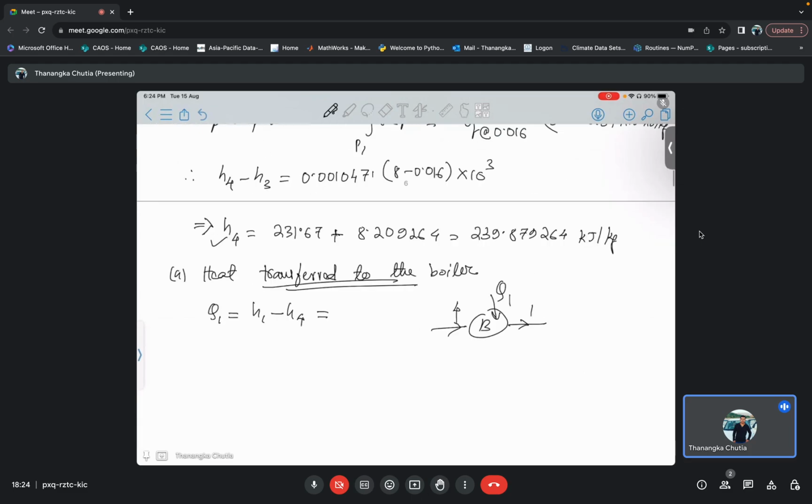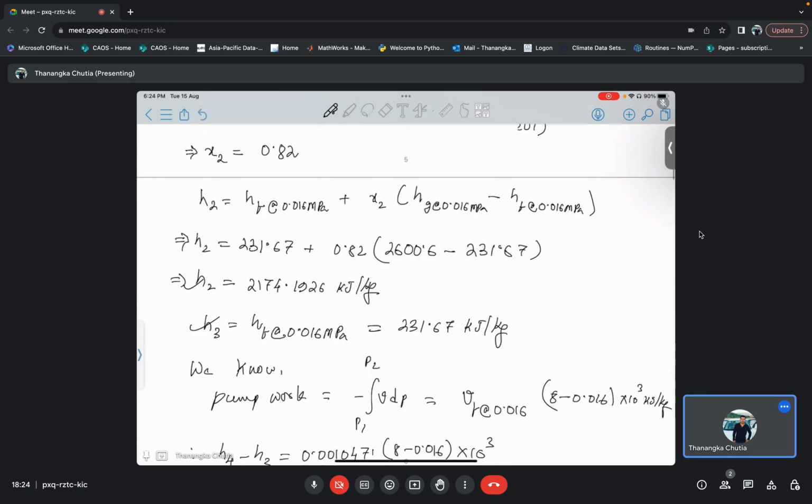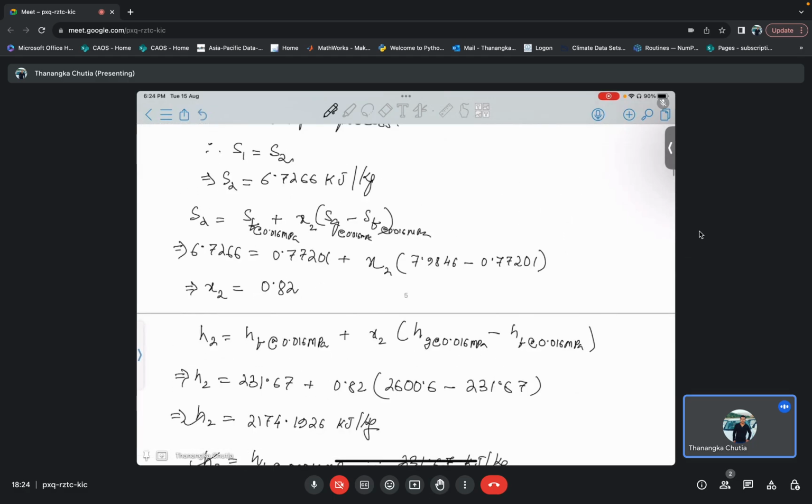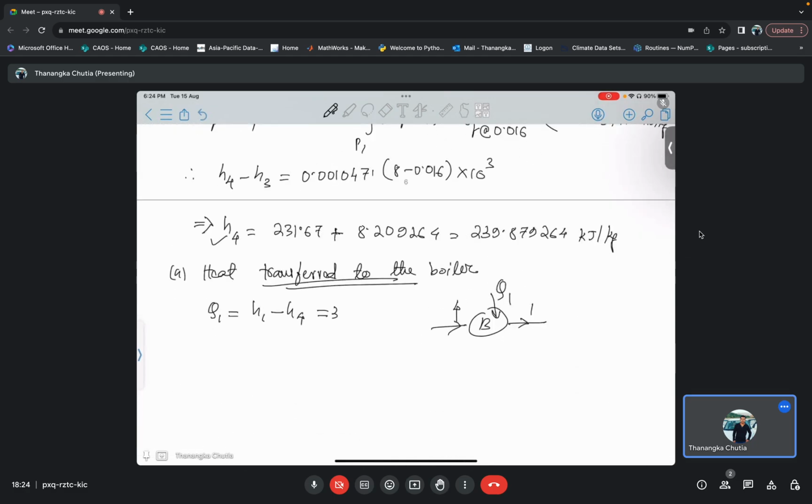What is my H1? 3399.5 minus 239.879264 kilojoule per kg.